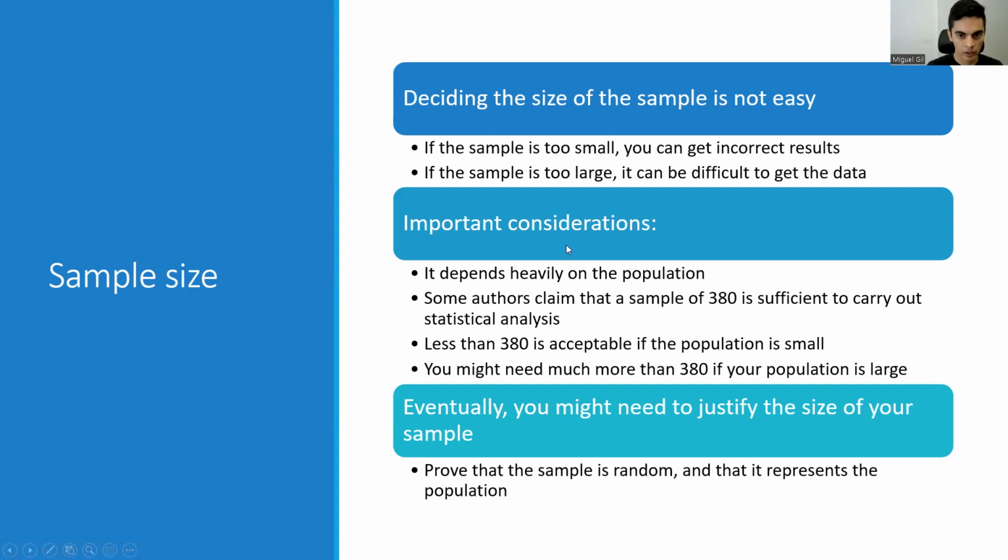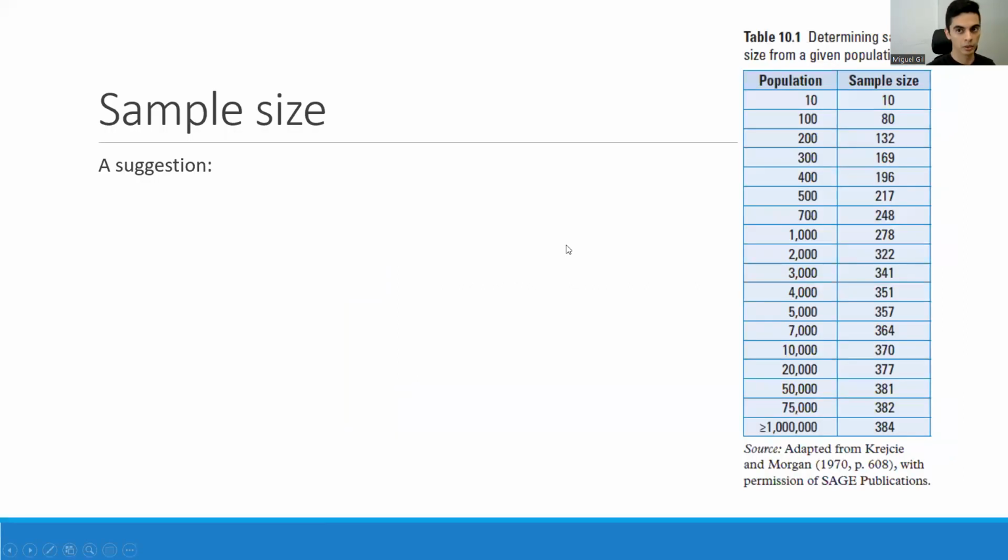And finally, just to finish this video, I want to show you a table that oversimplifies this idea. This is a quite old paper. The paper is already 52 years old, but that's what I said about the 380. The 380 is big enough, because here it says that if you have a population of 10, your sample size has to be 10.